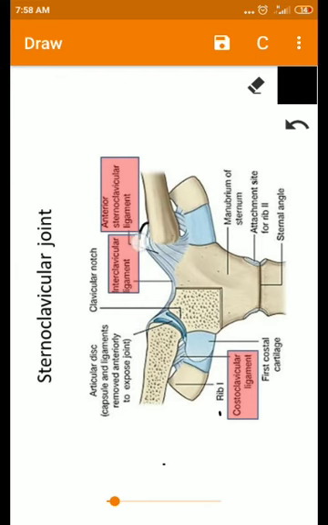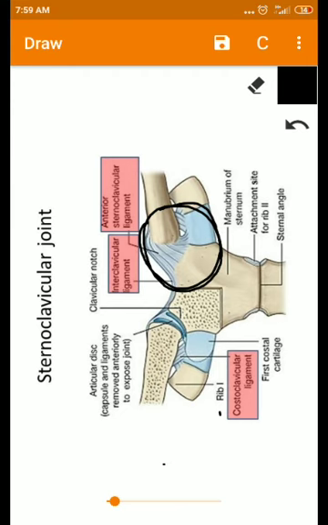This joint is very near the pectoral region, which is supplied by the internal thoracic artery. The same artery supplies the sternoclavicular joint, and also the suprascapular artery. The nerve supply is by the supraclavicular nerve and the nerve to subclavius.